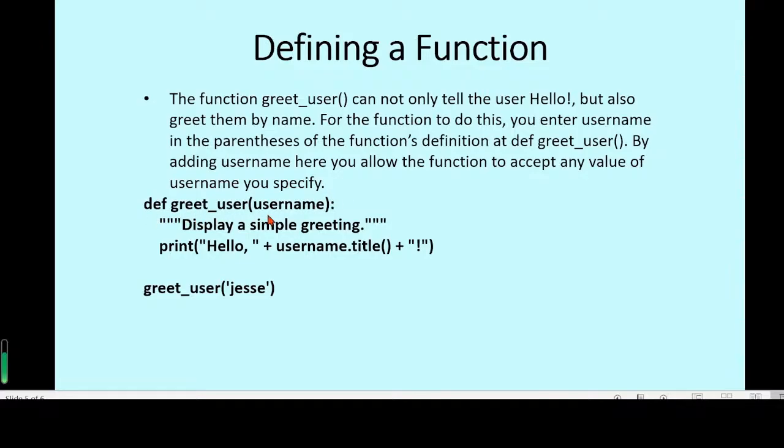So if we want to print a message with a different username, we can put a parameter in the parentheses of the function definition. Inside the function, the print message will take this username information and print a message. So when we call this function, we have to add a name, for example, Jesse.